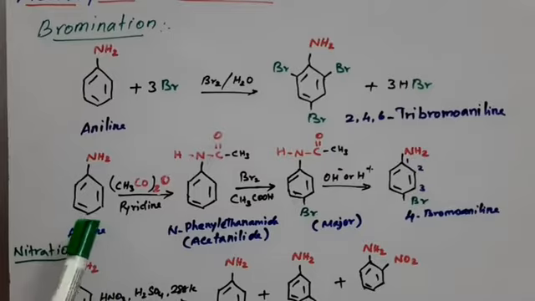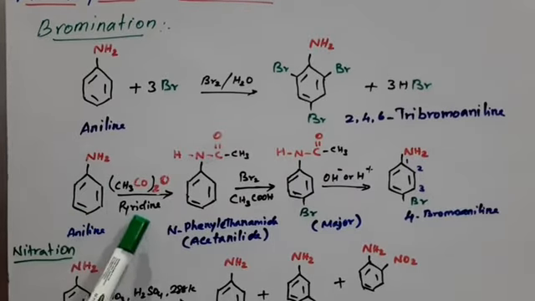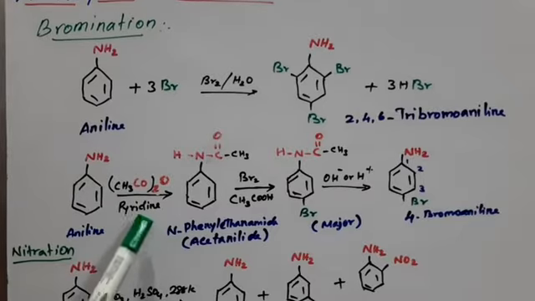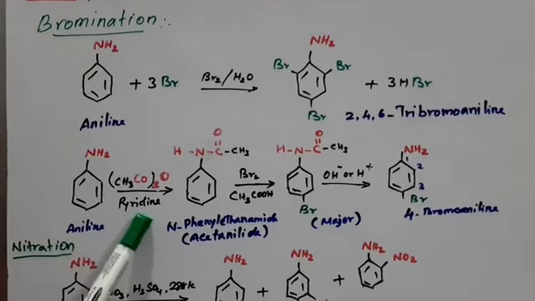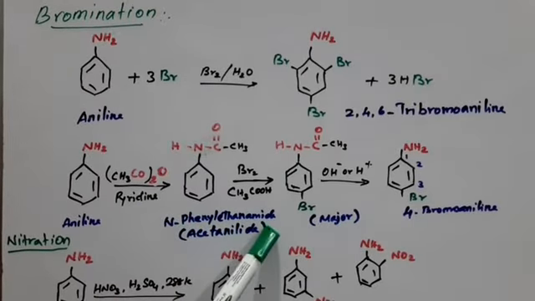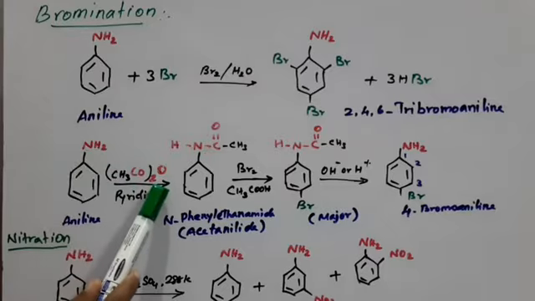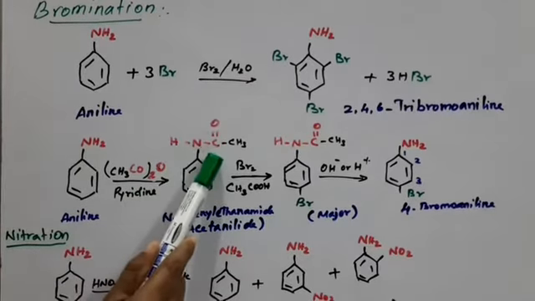First of all, what to do? See here, aniline is treated with anhydride. It is an acetylation reaction, and the product we get is N-phenylethanamide. During the acylation reaction, aniline is converted to amide.